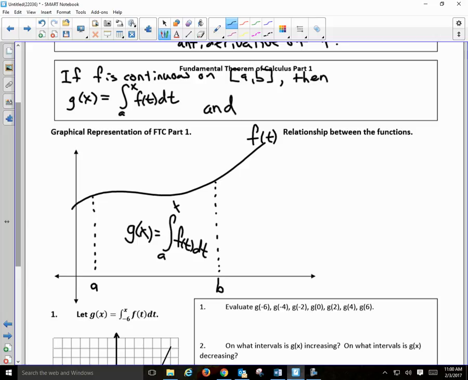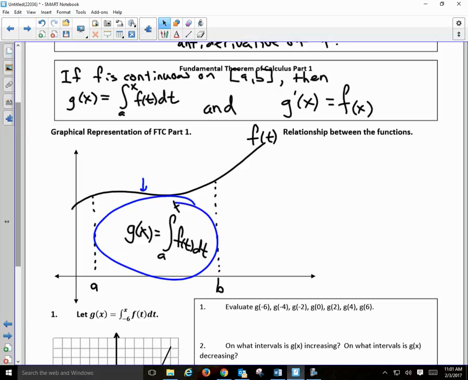What's really cool about that is when you take the derivative of this area function here, anybody know what you get? You get the function up above, with x instead of t. The derivative of the area function is the function that bounds it.